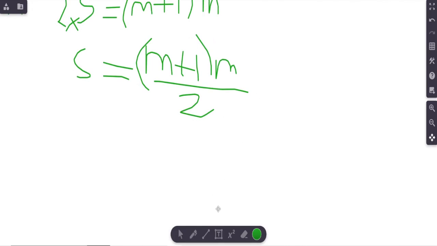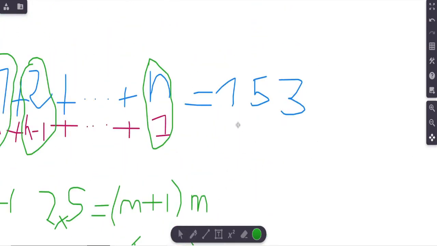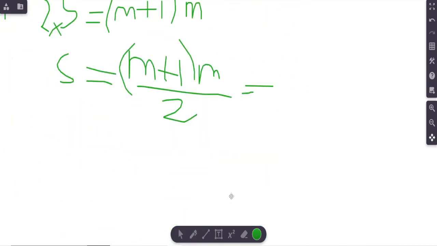So now you can come back to the equation. So we have a sum equal to, remember, the sum equals to 153. Okay. So now let's isolate the n plus 1.